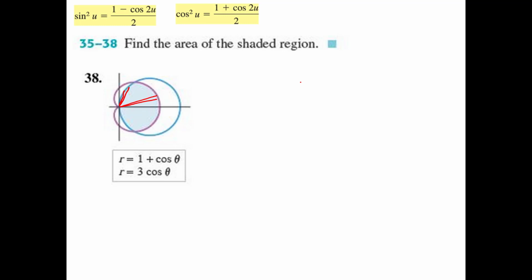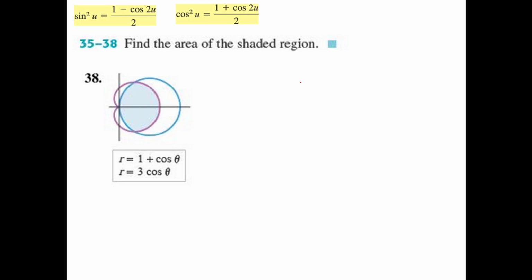So starting from here to here, your area is only swept out by the cardioid. And then past there to the pole, your area is only swept out by the circle, right? So you have a cardioid and a circle, and so you need to be careful.